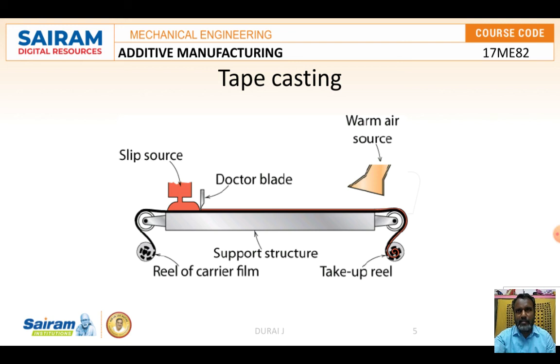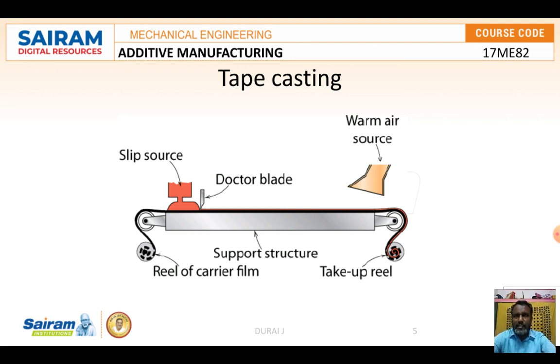This process consists of preparing a dispersion of metal or ceramic powder in a suitable solvent, with the addition of a dispersing agent to improve the dispersion of the particles. After satisfactory dispersion is achieved, a binder is added, and the whole mixture is fed into the reservoir.